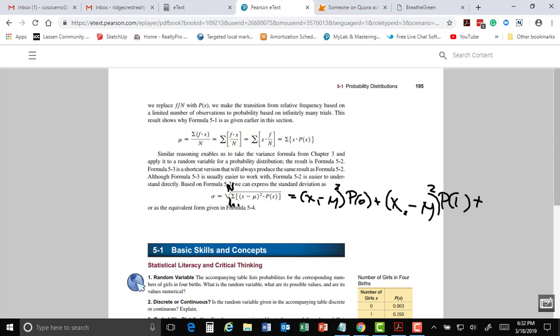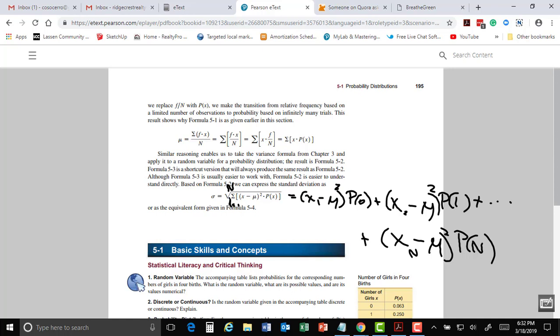Plus, dot, dot, dot, plus the final one, x sub n minus mu, squared, times its probability. So that's the way you would remember ours was grouped. It wasn't given the raw data.